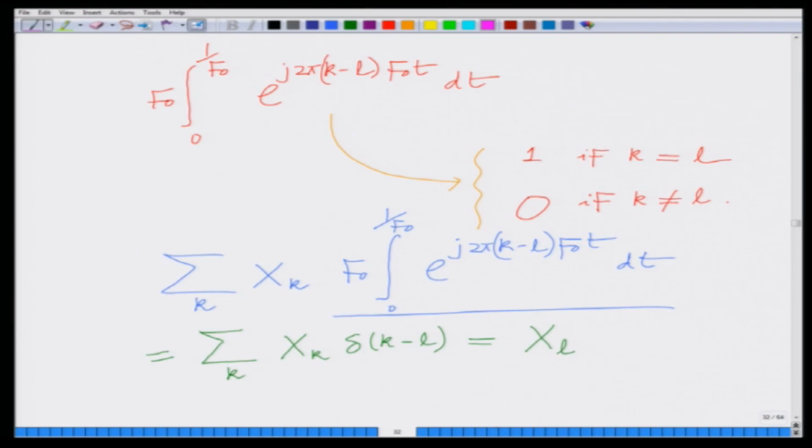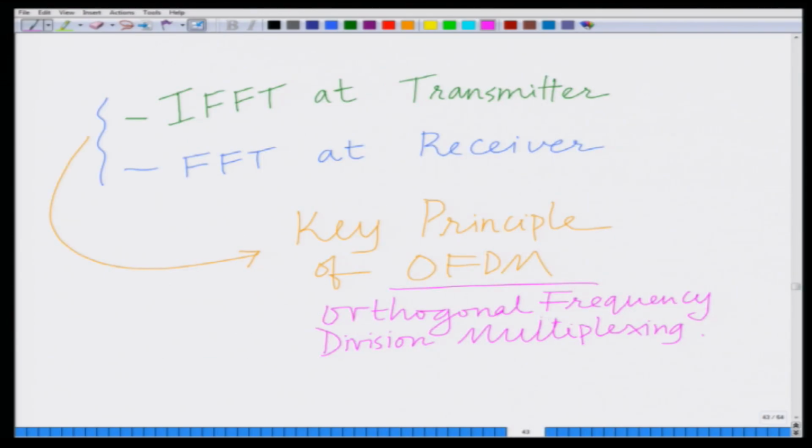The second aspect of this OFDM system is that it is frequency division. We are dividing this broadband bandwidth B amongst the n subcarriers, with each band having bandwidth B by n. So, this is a frequency division based scheme, which means we are multiplexing multiple symbols over these multiple subcarriers over the bandwidth B. As we have already seen, we are transmitting n symbols in parallel over the n subcarriers.